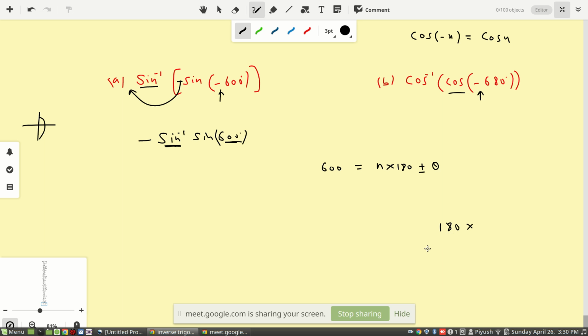You can divide 600 by 180, so 6 3s are 18, 6 10s, so 3 3s, so 3 plus, so 10 by 3 can be written as 3 and 1 by 3. So it will be 3 into 180, and then plus 180 by 3, which is 60.